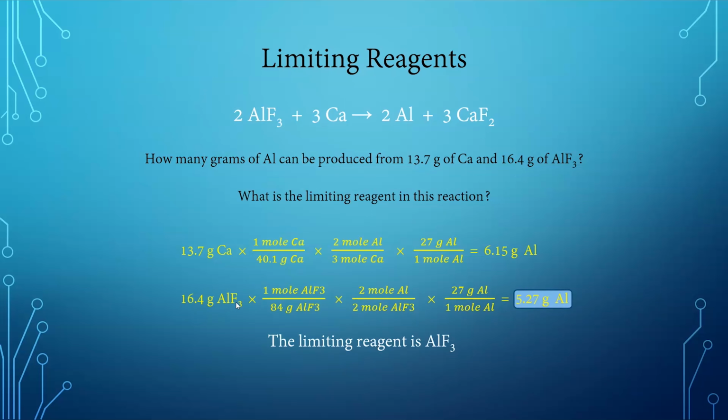So from aluminum fluoride, we'll take it to moles, then we can go to moles of aluminum and to grams of aluminum, and this time we find we only get 5.27 grams of aluminum. So the aluminum fluoride gave us less aluminum than we could get from the calcium, just like the eggs gave us fewer cookies than the flour did, and that means that our limiting reagent is the aluminum fluoride. Whichever reactant produces the smallest amount of the product, that is your limiting reagent.